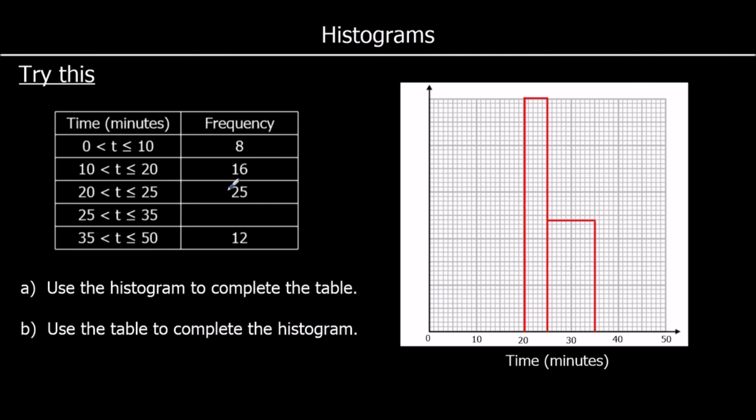The 20 to 25 group, we've been told that it's got a frequency of 25. So if it's got a frequency of 25, a width of 5, that must mean that this is 5 on the scale. 5 times 5 makes 25. So we complete the scale.